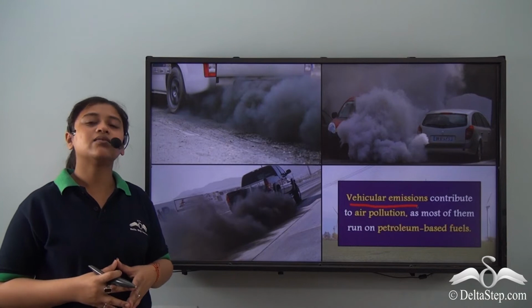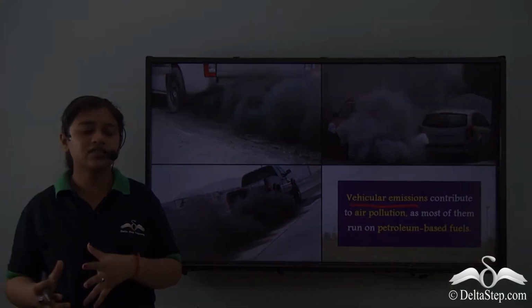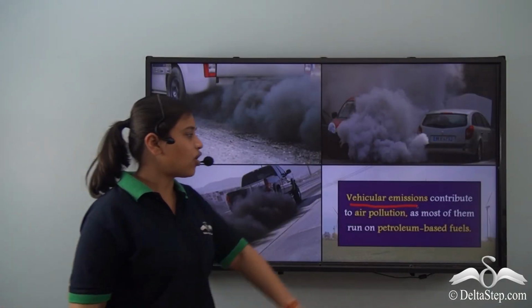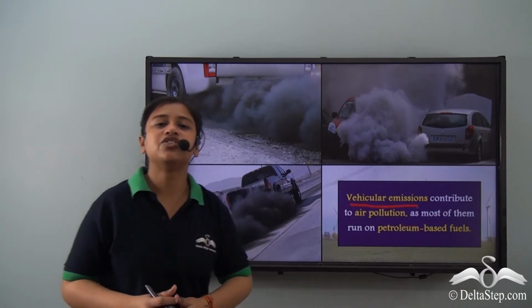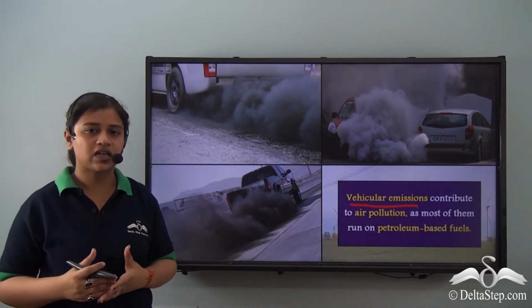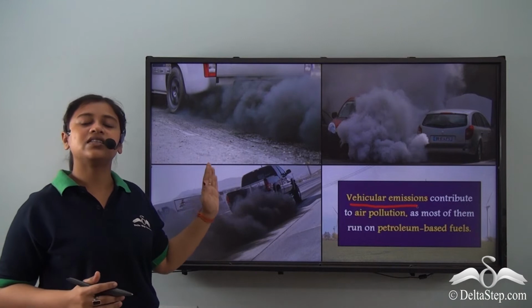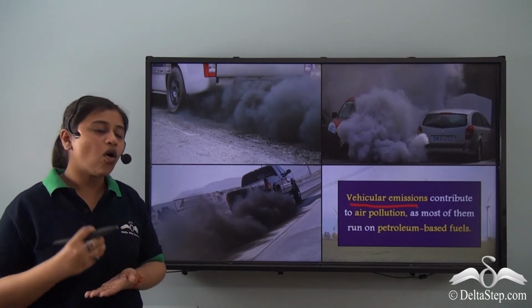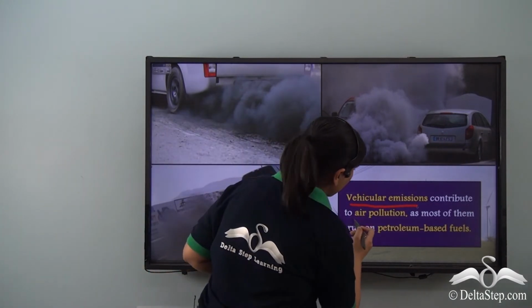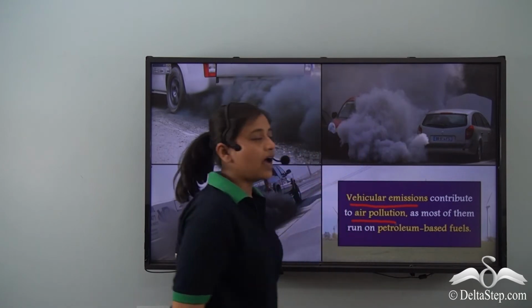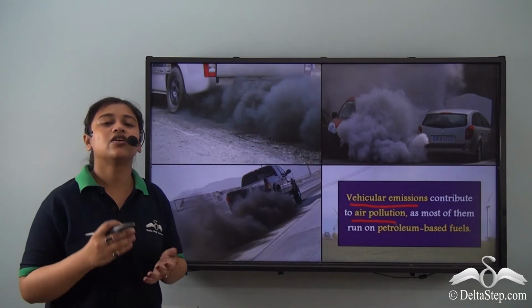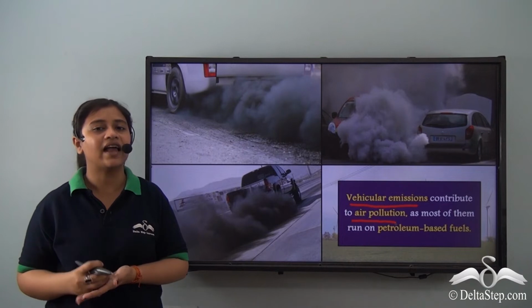These are some of the most harmful greenhouse gases that are released as a part of vehicular emissions from vehicles that use petroleum based fuels. Since they release these harmful greenhouse gases, they also contribute to air pollution and can be very dangerous for both humans and animals living on Earth.